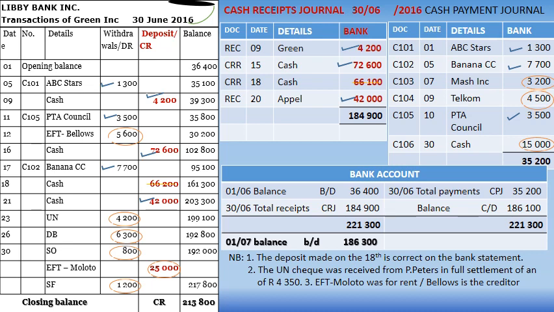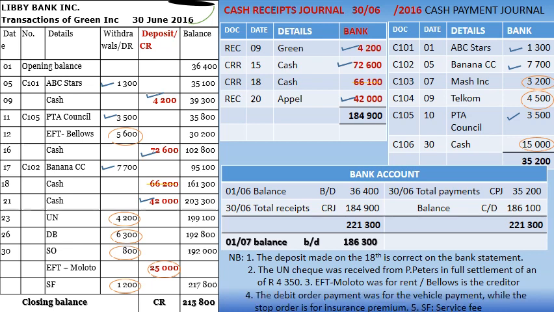How do we reverse entries in our books? We will record them on the opposite side of the initial entry. The next item is the abbreviation for EFT. It shows that the EFT that was made by Moloto was for the rent for the month.